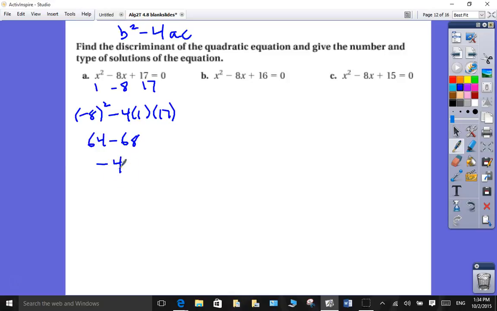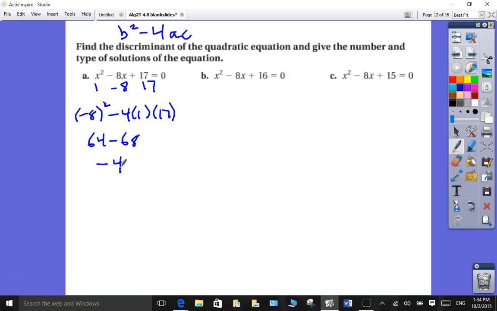So if the discriminant is less than 0, how many and what type of solutions do you expect? Do you expect real or imaginary? It's imaginary because you're taking the square root of the negative. And how many imaginary? 2. Plus or minus, right?